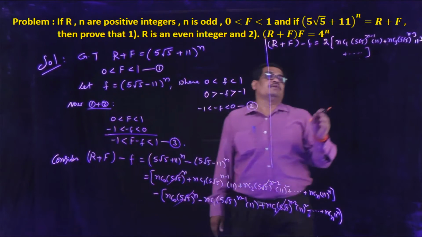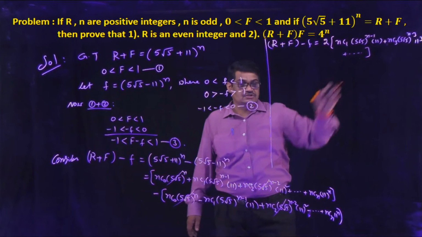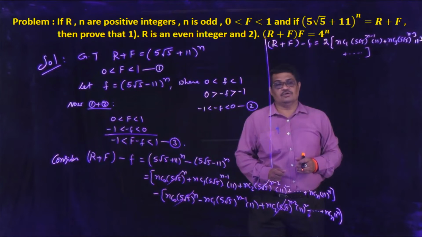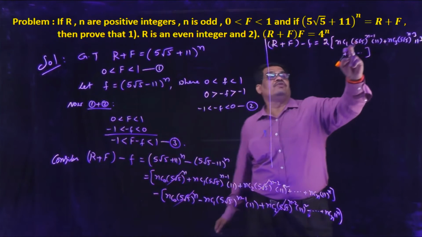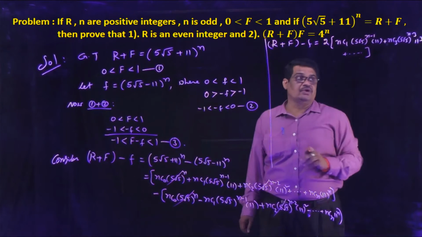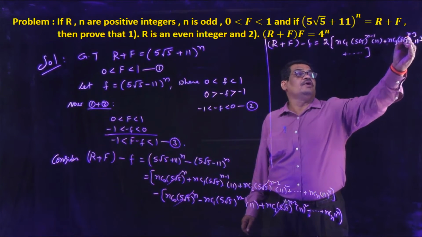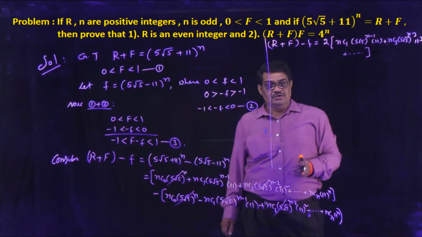Okay, so observing nC1, nC3 and so on, these are all binomial coefficients. We are observing (5√5)^(n-1) and (5√5)^(n-3) like this.